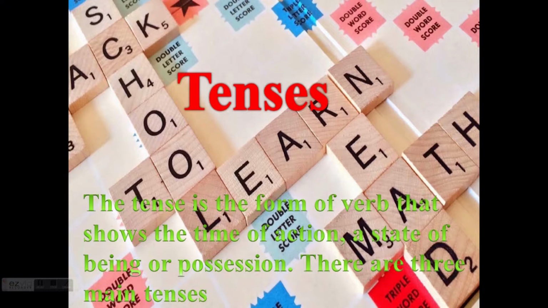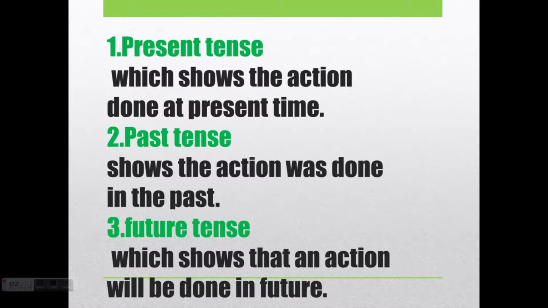What is the tense? The tense is the form of verb that shows the time of action, a state of being or possession. There are three main tenses: past tense, present tense, and future tense. What is present tense? It shows the action done at present time, and past tense shows the action which was done in the past, and future tense shows that an action will be done in the future.